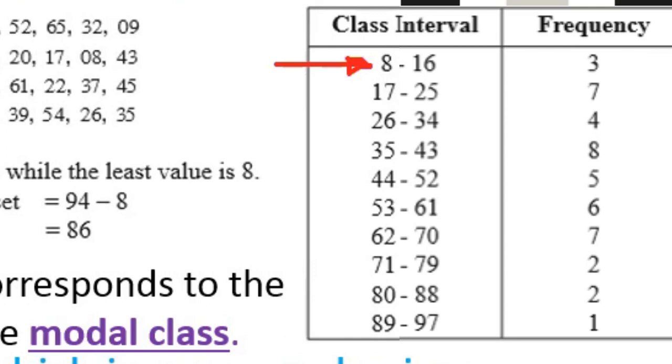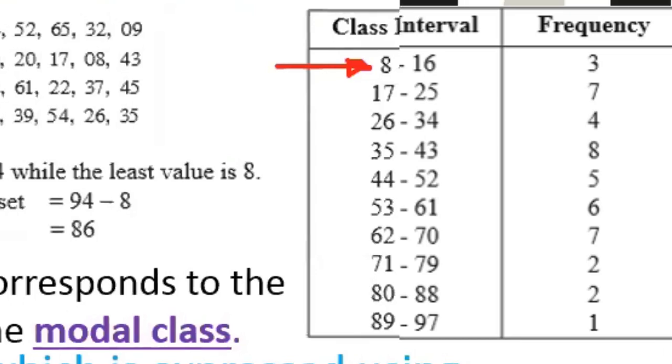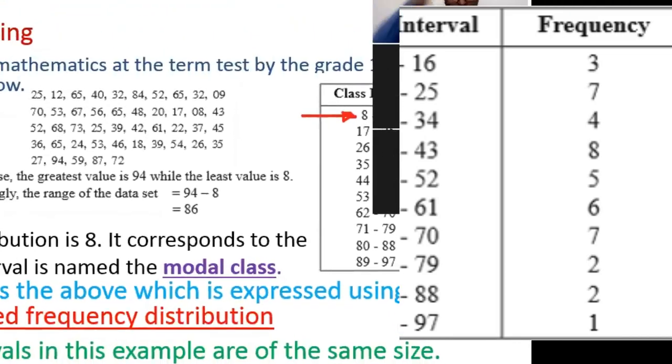Just count: 8, 9, 10, 11, 12, up to 16. Together it comes to 9, so the size of the class interval is 9 here. Everywhere it is the same; we have distributed the data and taken the frequency.